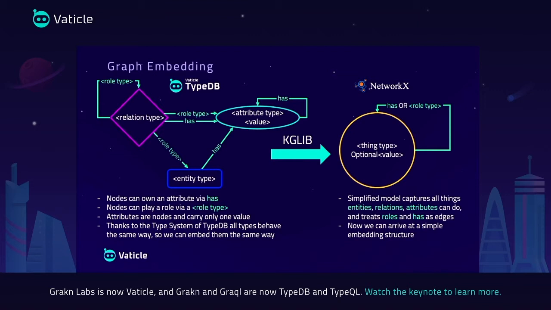And we can do that if we consider all of these entities, relations, and attributes as the nodes of our graph in TypeDB. And then we consider that we have edges that are also either has or of a role type.